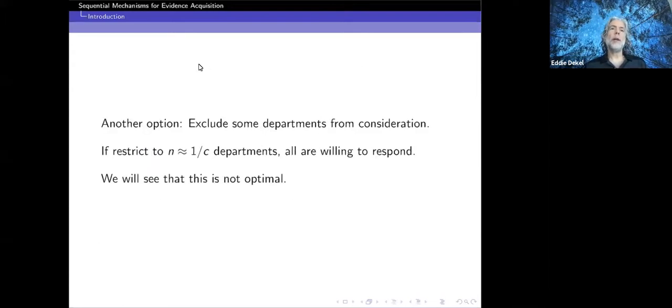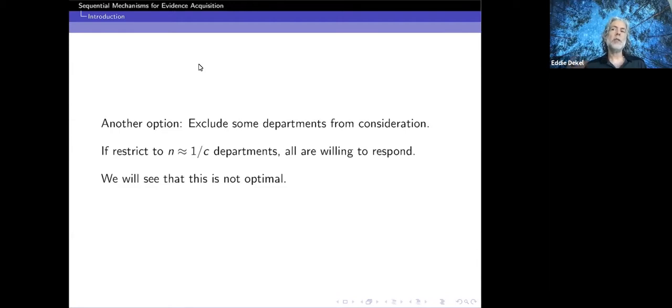What's another thing that you might do? Well, a very simple solution would be to exclude some departments from consideration. If we restrict attention to approximately 1 over C departments so that the expected cost is the same as the expected gain, then all those departments will be willing to respond.